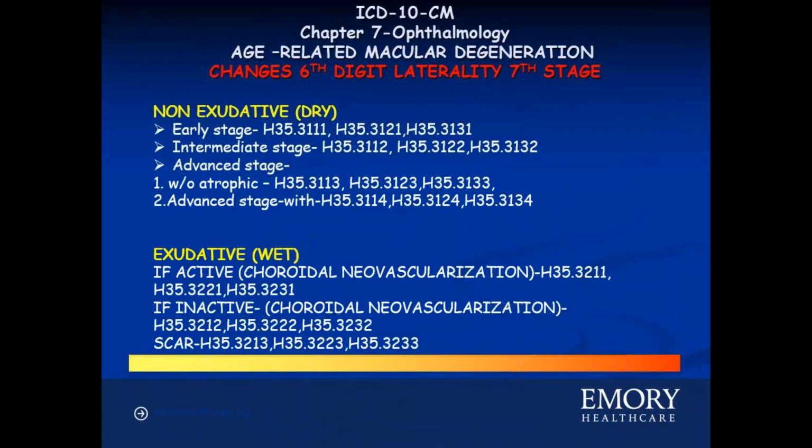If active choroidal neovascularization, we have codes for that. And if it's inactive, we have codes for those as well. The most important thing is that there are lateralities and there are stages. So our providers, we will be talking to them because we need to make sure that they include this in their documentation.